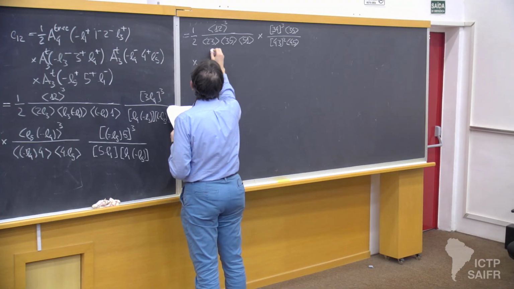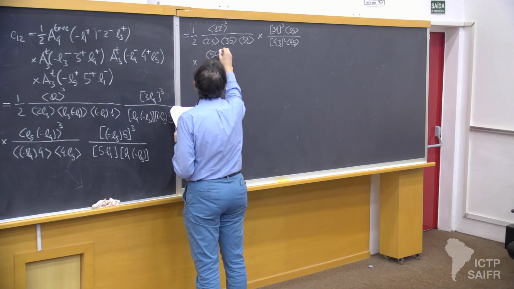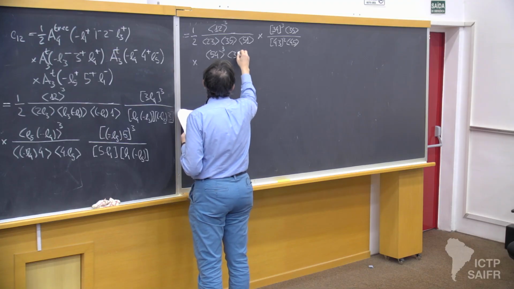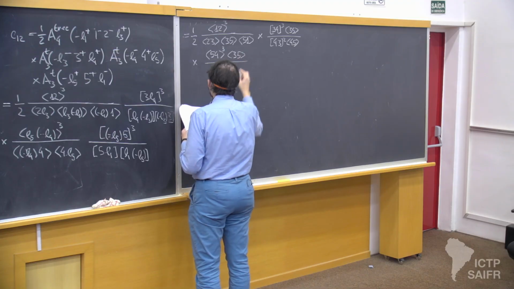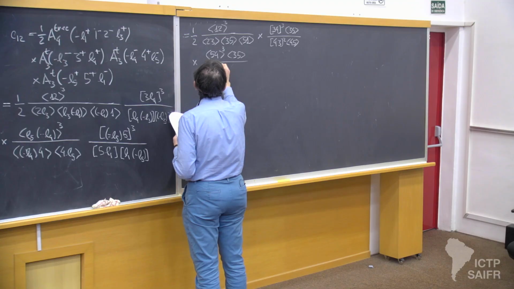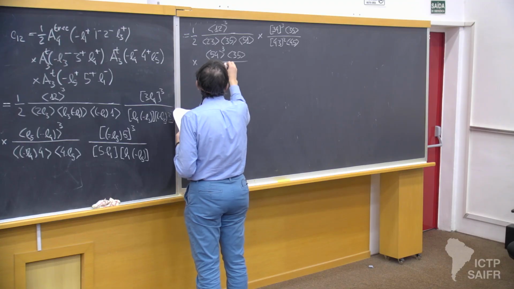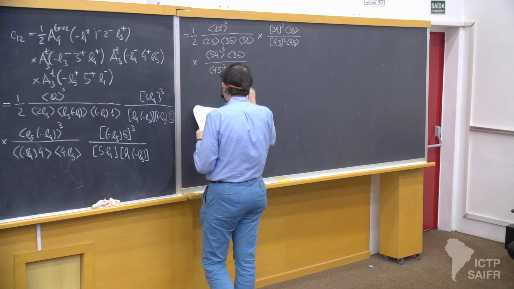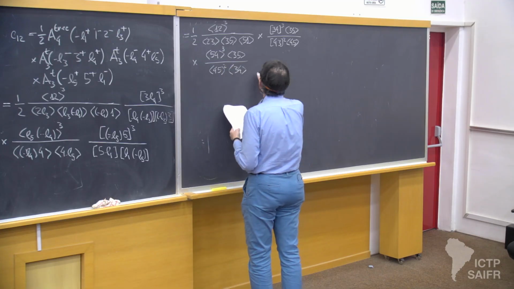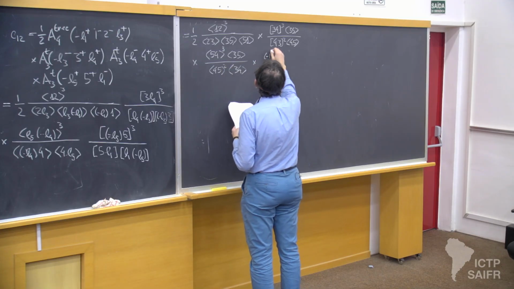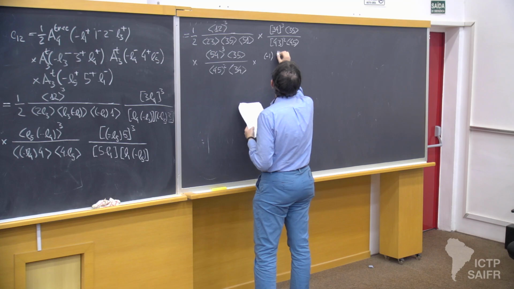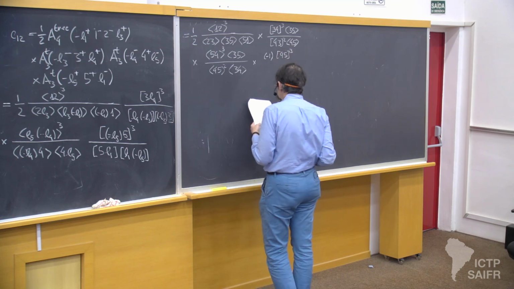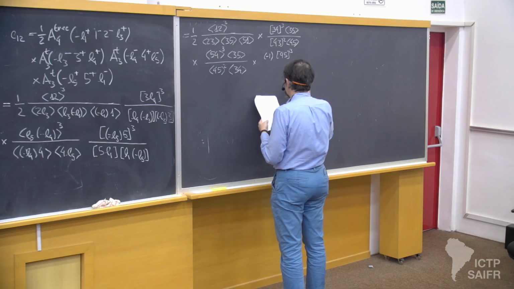And we have 5, 4 cubed, 3, 5. 4, 5 squared, 3, 4, and then there's a minus 1, 4, 5 cubed times.